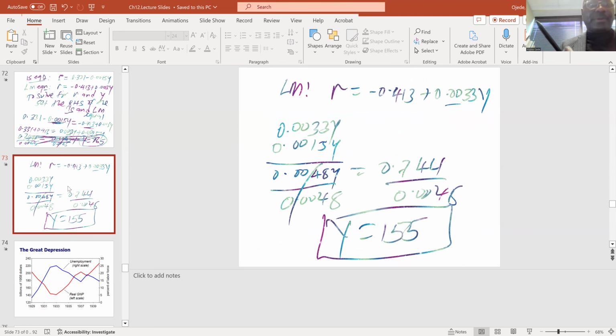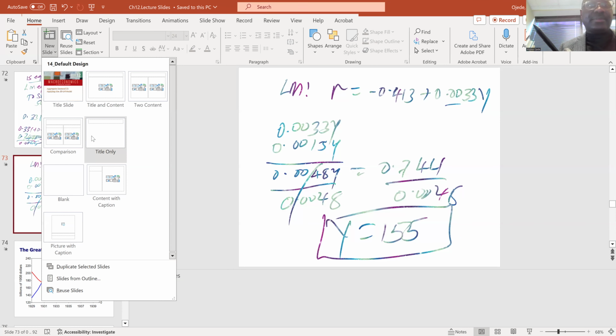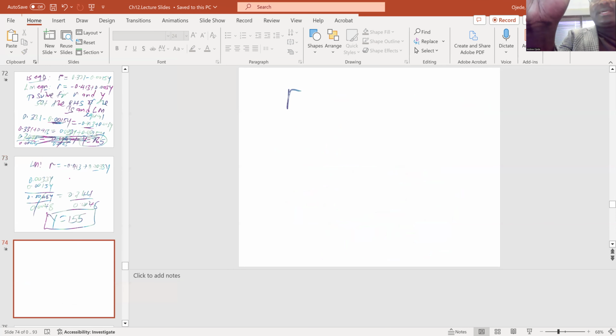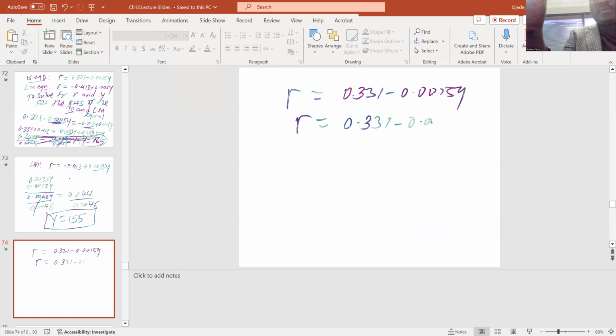And then to solve for the equilibrium real interest rate, you use either the IS or the LM. You can use the IS, which is given as 0.331 minus 0.0015Y. So R is going to be equal to 0.331 minus 0.0015 times 155. 155 times 0.0015 and subtract from 0.331.